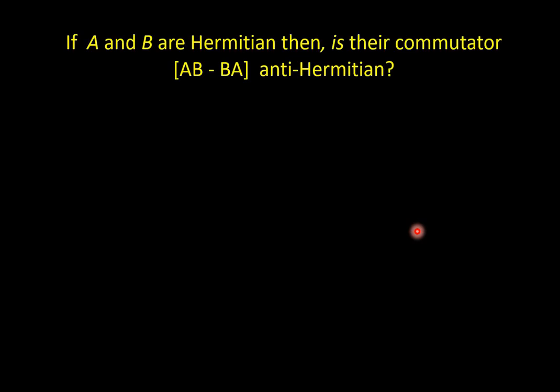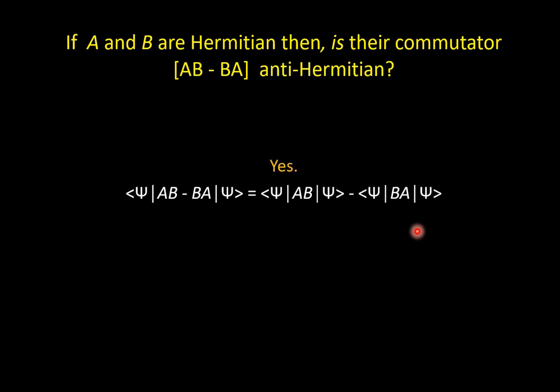Well, if A and B are Hermitian, then is their commutator AB minus BA anti-Hermitian? Yes, quickly check. Start with AB minus BA, that is <psi|AB|psi> minus <psi|BA|psi>. Now the same trick: you first bring A towards the left and then B, so you get <BA psi|psi>, and here first B then A, so <AB psi|psi>.